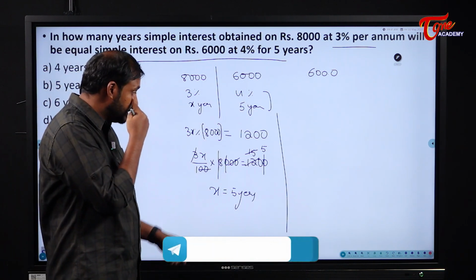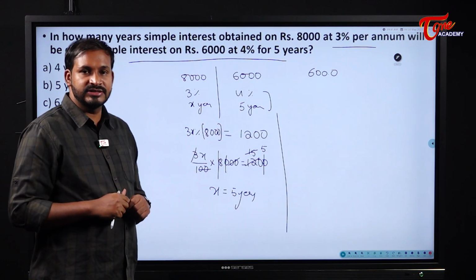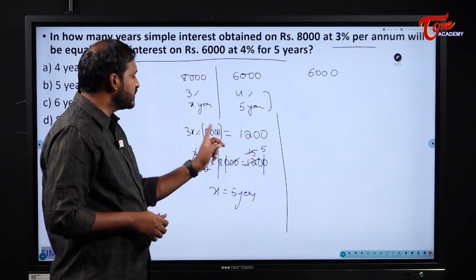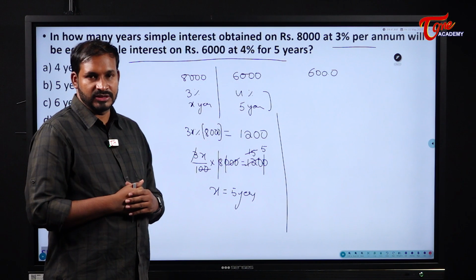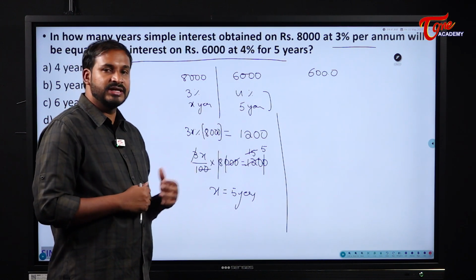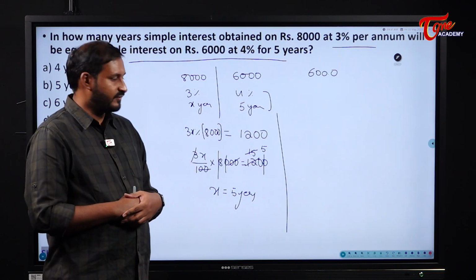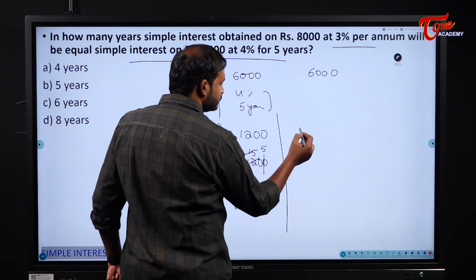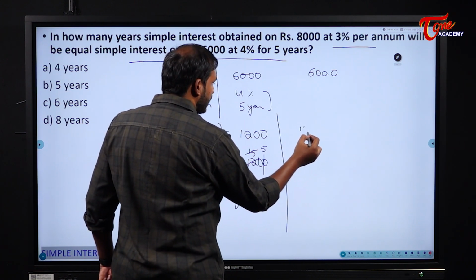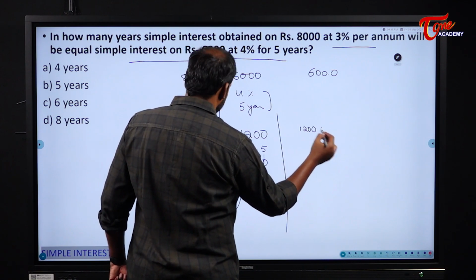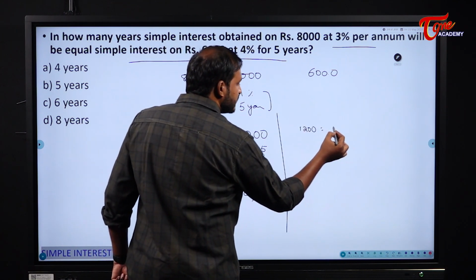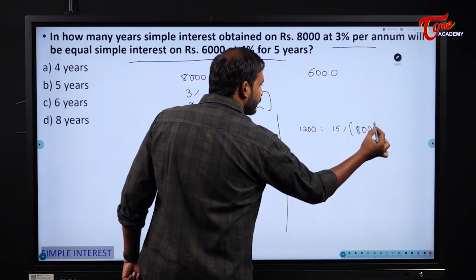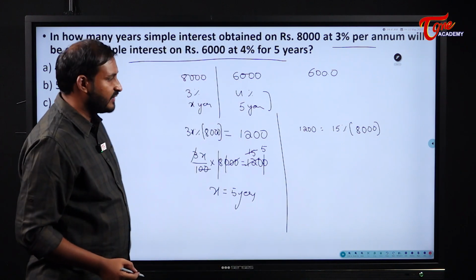The other method is, see here, 3x percentage of 8,000 is 1200, right? Now, 1200 is what percentage of 8,000? You can find that also. 1200 is 15% of 8,000.